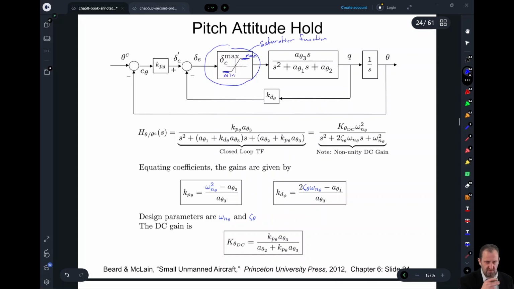If our command is between the maximum and minimum, we'll allow it. If it's above or below, we just threshold it at either the max or the min. This saturation function should be in all our controllers. What we're going to do is just ignore it, so pretend it doesn't exist. For all of our analysis, we ignore that saturation, but it is there.